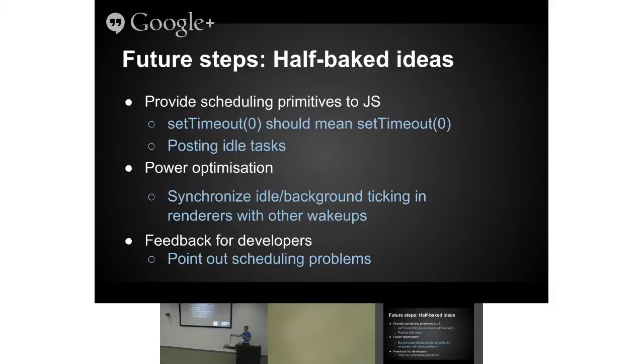So you always get at least 1 millisecond of delay. That's bad. There's no reason to do that. And if we fix that, we can enable web developers to do more fine-grained scheduling of their own on the main thread. And maybe we want to actually give some kind of idle task primitive or any other scheduling primitives as an API for the web.